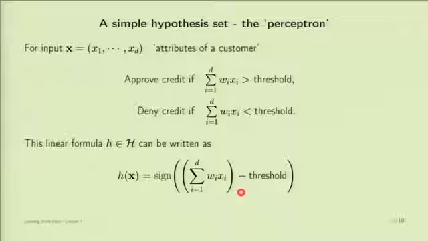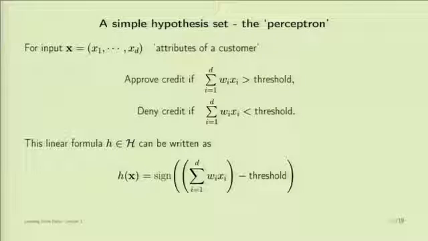If this quantity is positive, you approve credit. If it's negative, you deny credit. The function that takes a real number and produces +1 or -1 is called the sign. So when you take the sign of this thing, it will indeed be +1 or -1, and this will give you the decision you want. And that will be the form of your hypothesis.